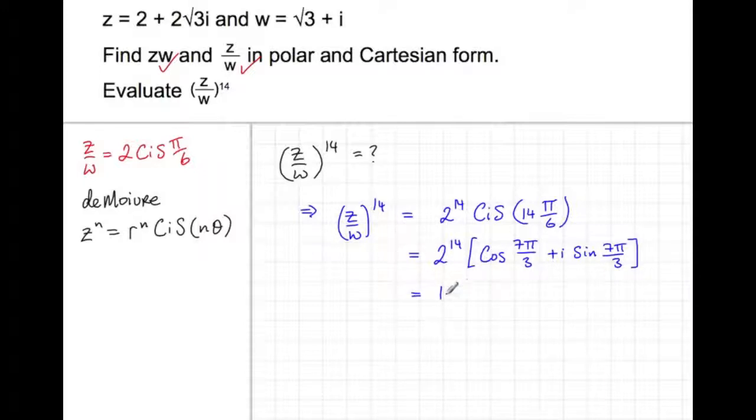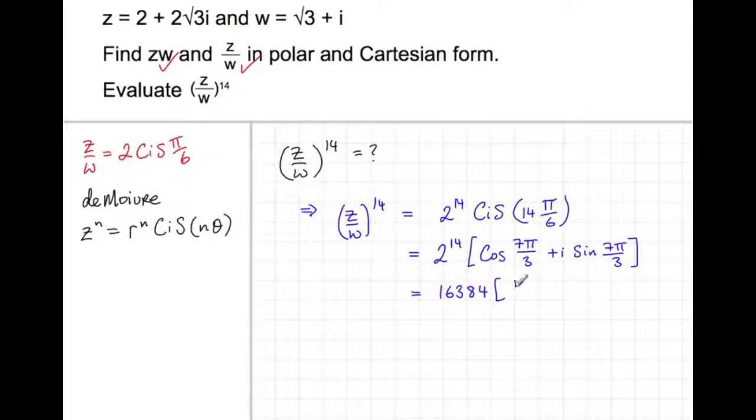Using the calculator, 2 to the power of 14 is 16384. Cos 7 pi over 3 is a half. Sine 7 pi over 3 is root 3 over 2. So that gives our answer as 8192 plus 8192 root 3i.